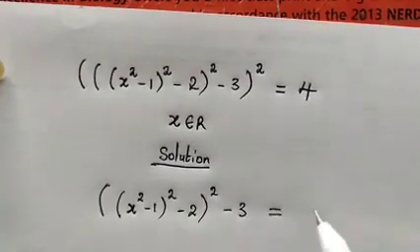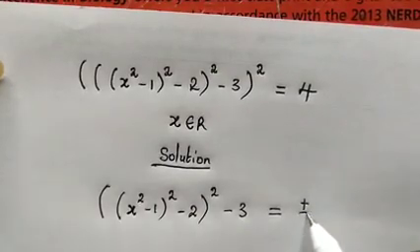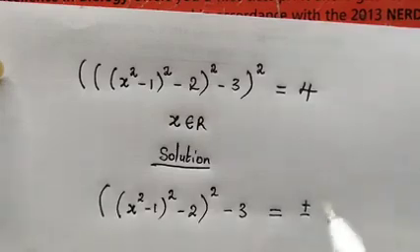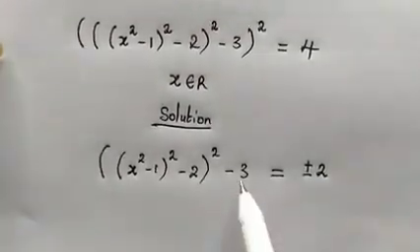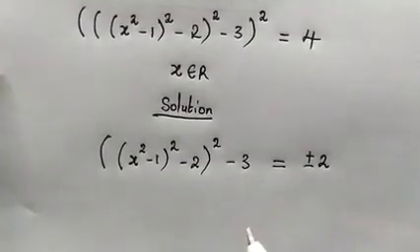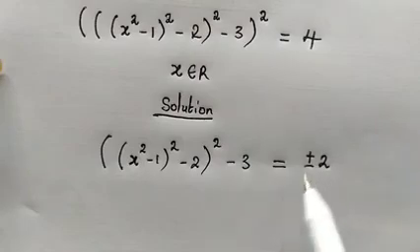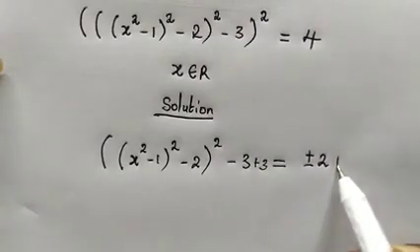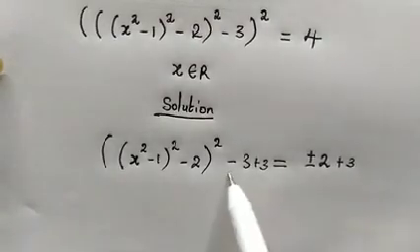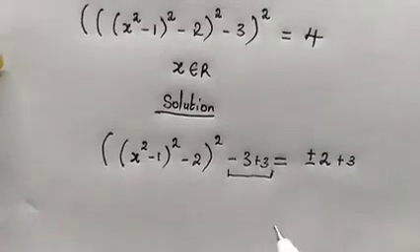So this will be equal to plus or minus the square root of 4, giving us 2, right? Now we need to add 3 to both sides of the equation. If we add 3 to both sides, this gets cancelled and that will give us 0, right?